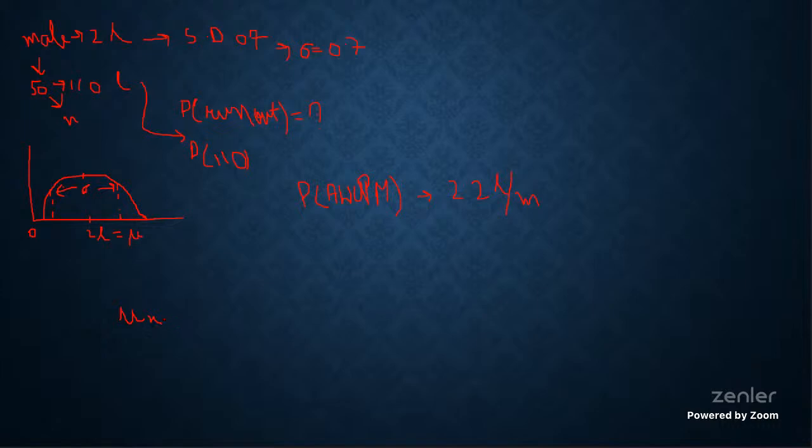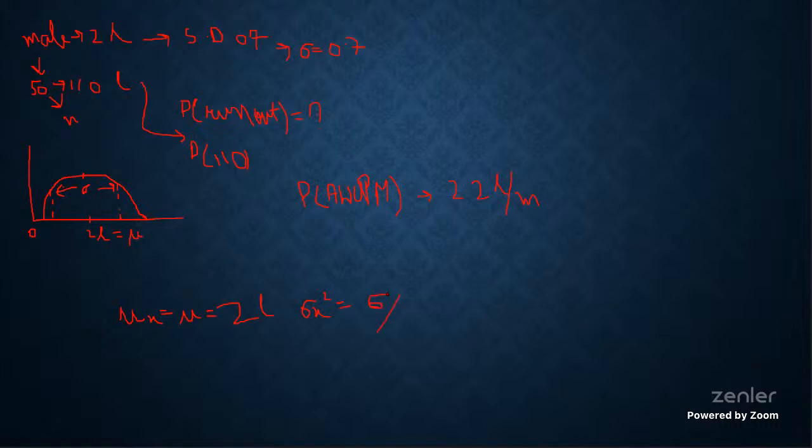So mu x bar is equal to mu, and that is equal to 2 liters. This is the formula, just remember, we have read it now only.